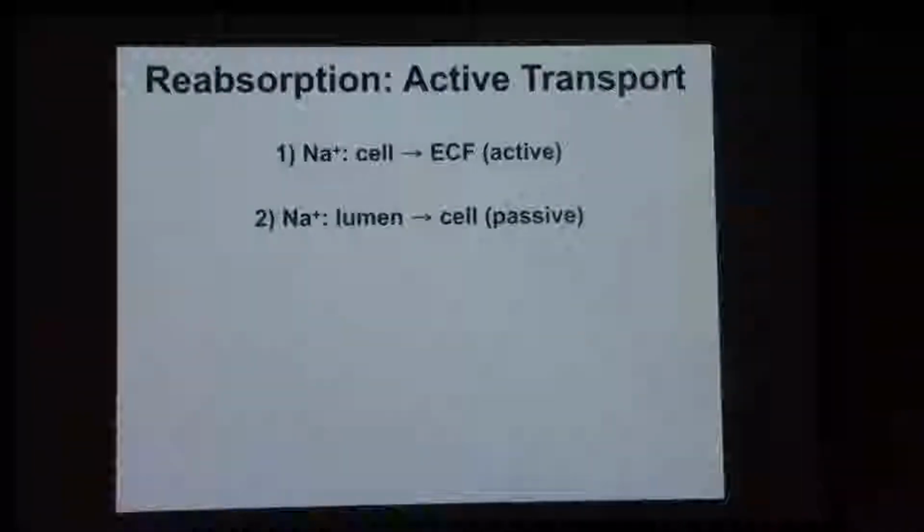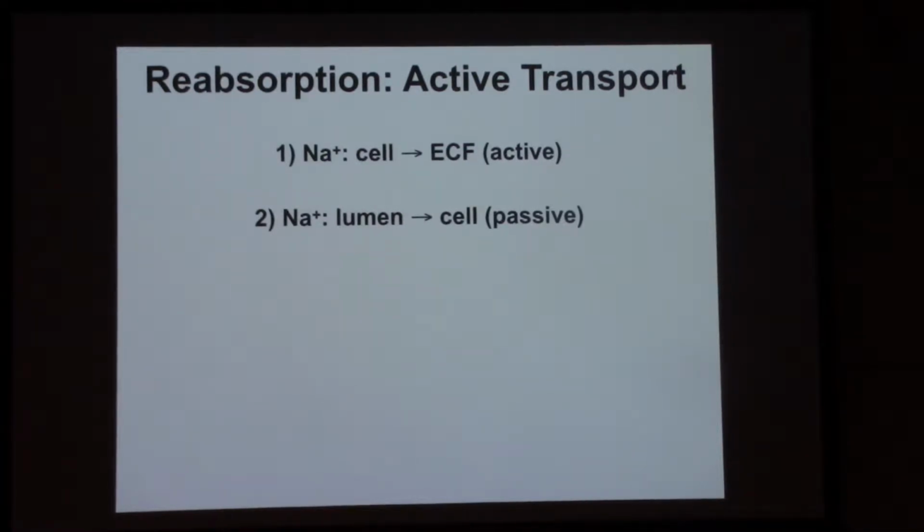And then the next step is to go from the lumen of the tubule into the cell, and this would be a passive process. So once you pump that sodium out of the cell, you're decreasing the sodium concentration in that cell. You open up sodium channels on the lumen side, and now sodium can just diffuse right on in.